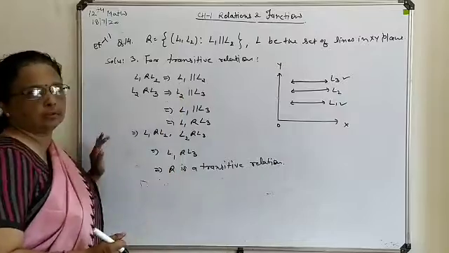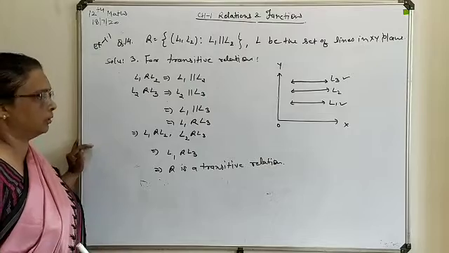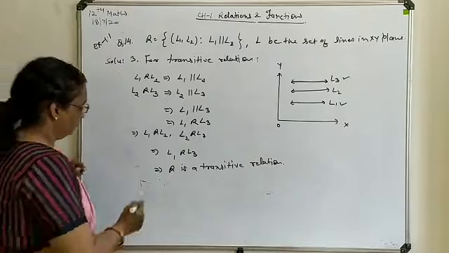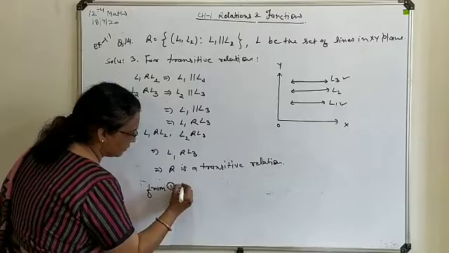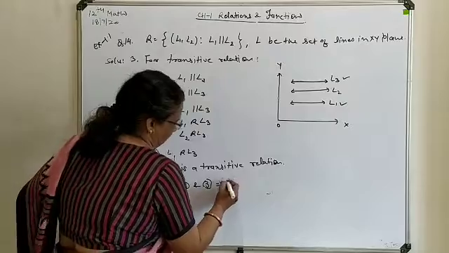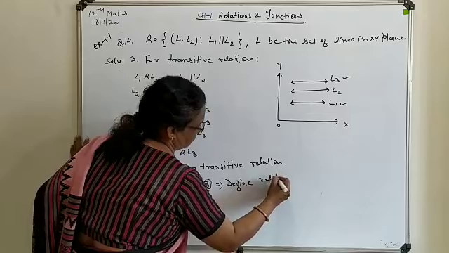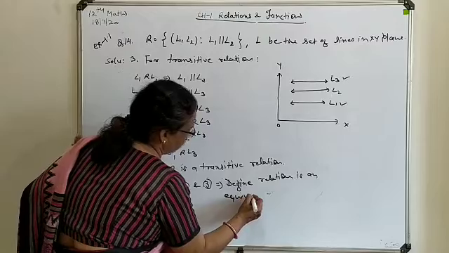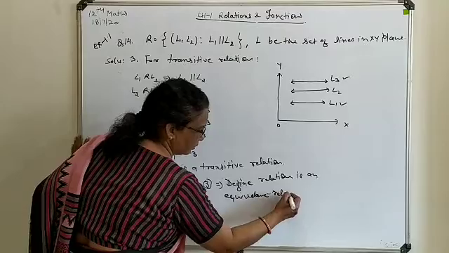If any relation fulfills all three conditions of reflexive, symmetric and transitive form, that means the defined relation is an equivalence relation. So from the first, second and third evaluation, the defined relation is an equivalence relation.